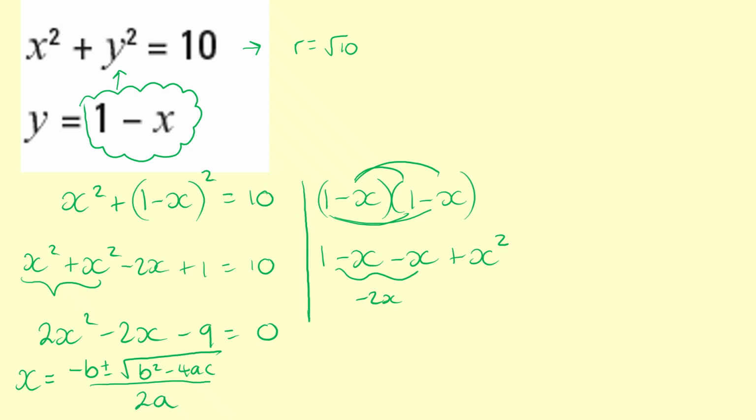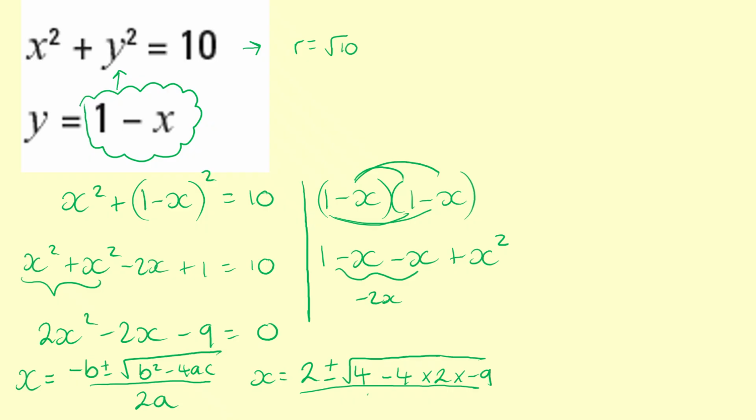So that's going to look a bit like this. Minus minus 2 is going to be 2. So 2 plus or minus the square root of b squared, minus 2 times minus 2, which is going to be 4, minus 4 lots of 2 times negative 9, all over 2 times 2, which is 4.